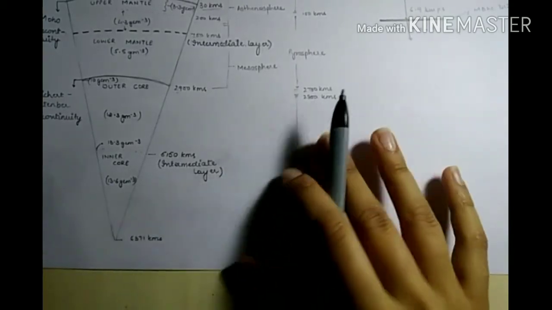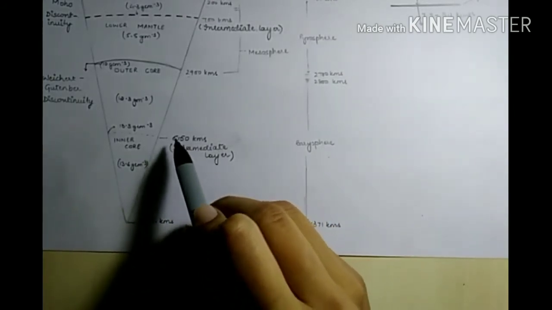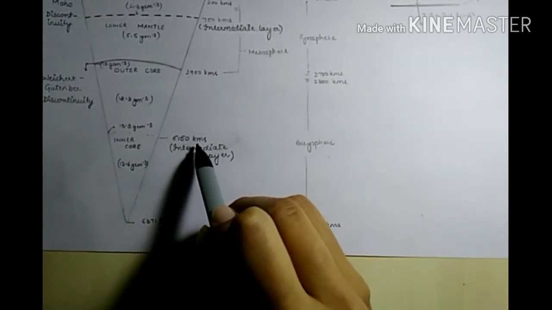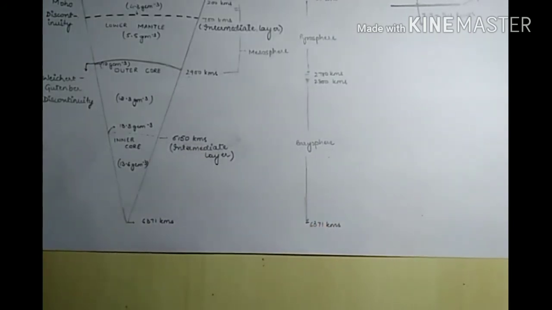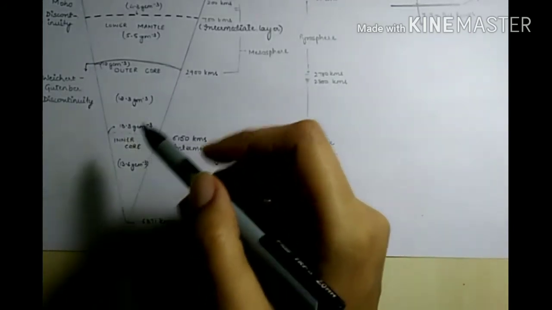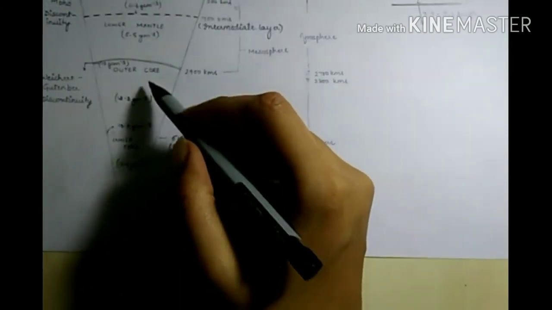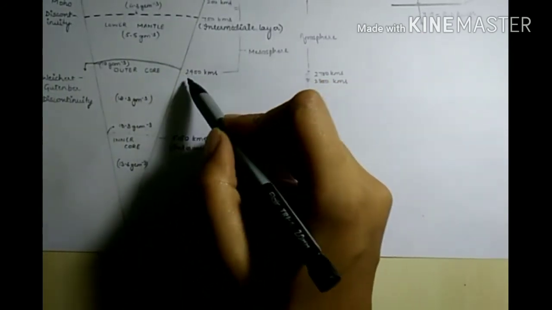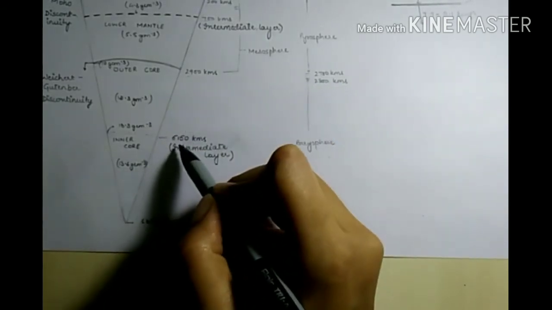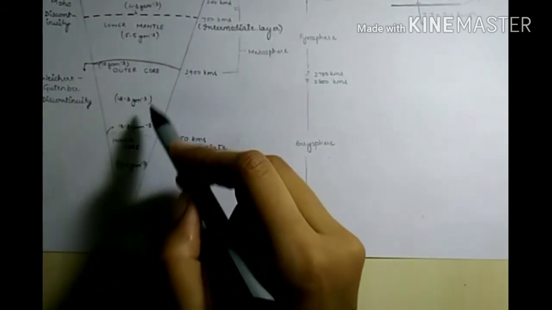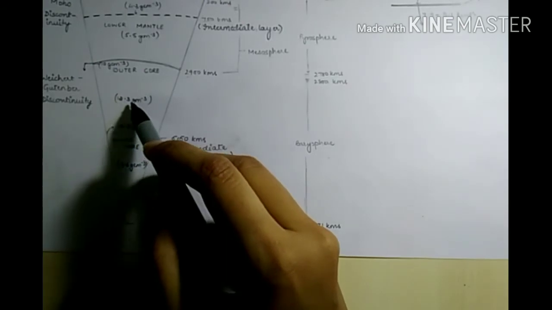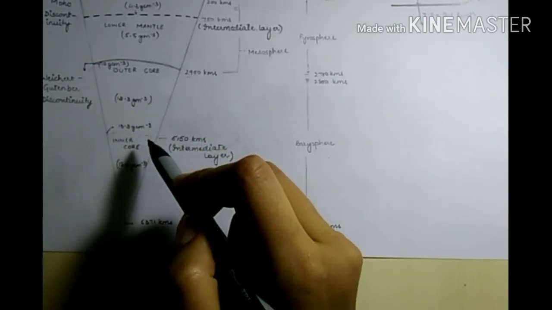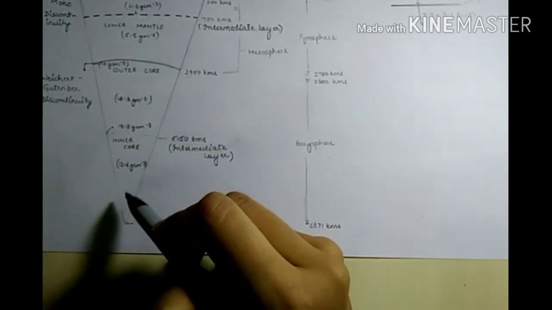Now, our core is also divided into two parts, and there is an intermediate layer at 5,150 kilometers. The density of the outer core, from 2,900 kilometers to 5,150 kilometers, is about 12.3 gram per centimeter cube, and the density of our inner core is 13.6 gram per centimeter cube.